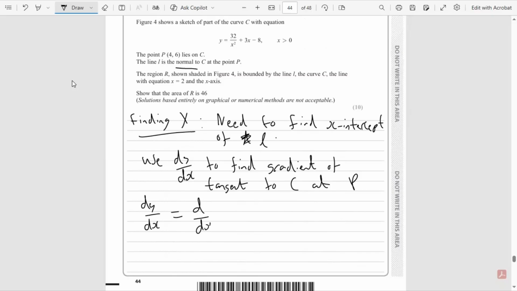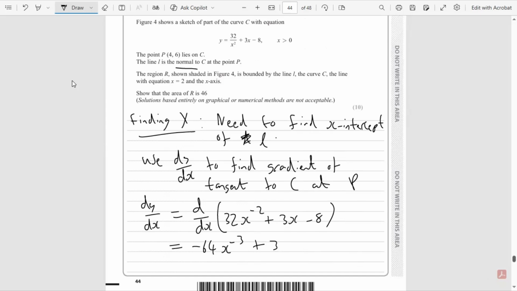That's differentiating 32, and again I'll write this in index form, 32x to the minus 2 plus 3x minus 8. So bring the power to the front, take away 1 for the power. So minus 64x to the minus 3, and then plus 3.